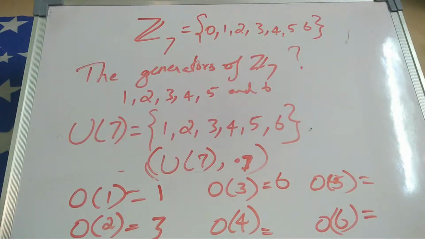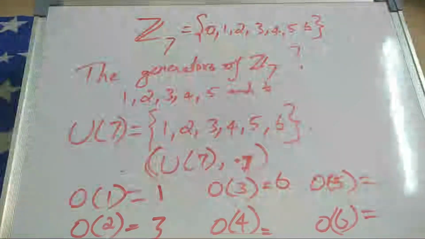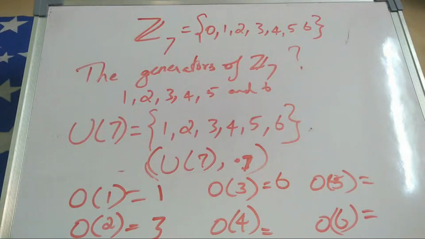Then the order of 4. Maybe I can work it out once and show it to you for U7. The order of 4 is 3.